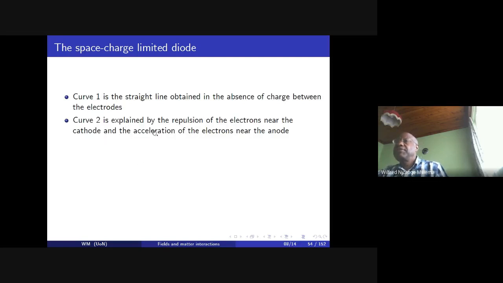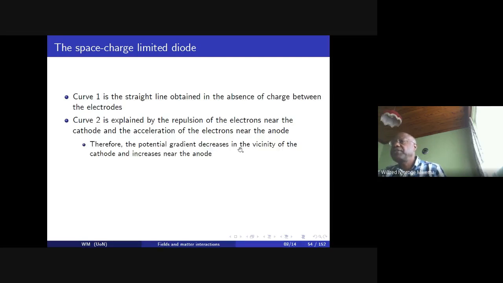Now, curve 2 is explained by the repulsion of the electrons near the cathode and the acceleration of the electrons near the anode. That is, if we have any electrons near the cathode, there will be a repulsion, and as they approach the anode, they will be attracted more quickly by the anode voltage.